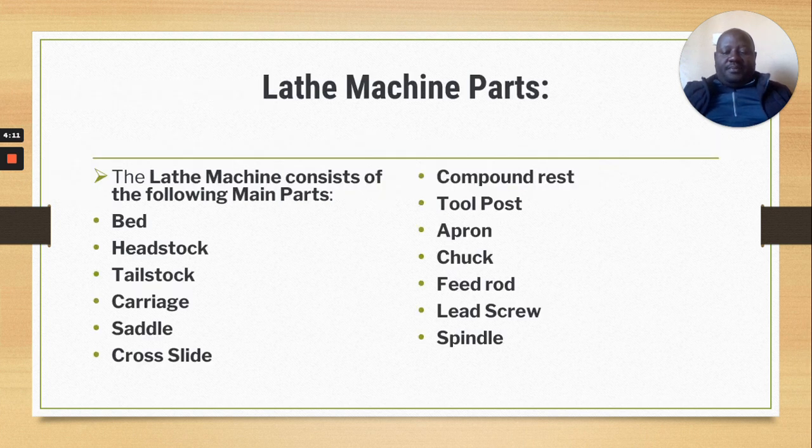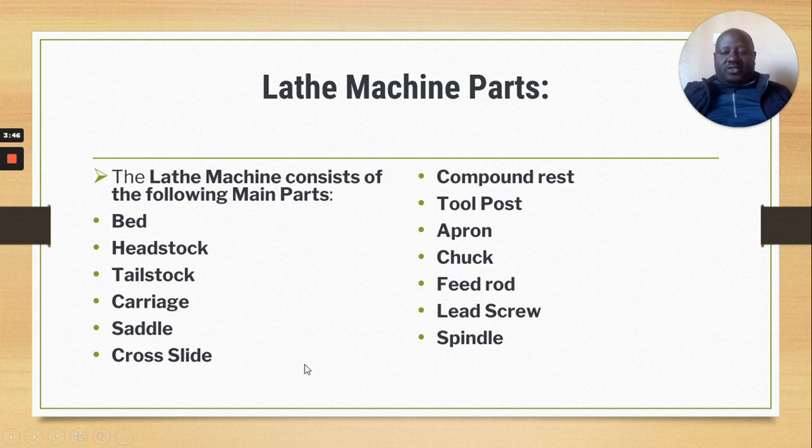We have some parts of the lathe machine, and the lathe machine consists of the following parts: the bed, which is the parent part of the lathe machine and holds the other accessories of the lathe. We have the headstock, and we are going to see its functions.